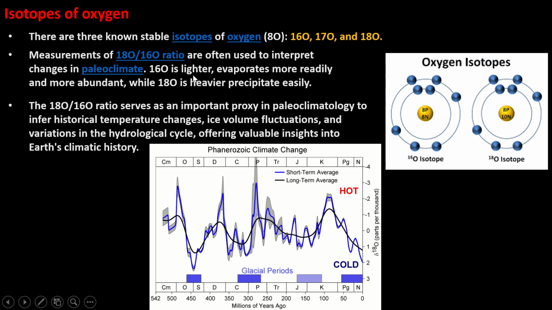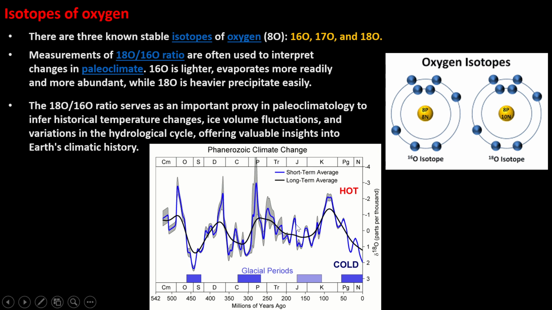It evaporates easily and is abundant in the atmosphere, the ocean and the land, and O18 is heavier and precipitates easily. The O16 to O18 ratio is an important proxy for paleoclimatology, temperature change, ice volume fluctuation and variation in the hydrological cycle, offering insight into Earth's climatic history.